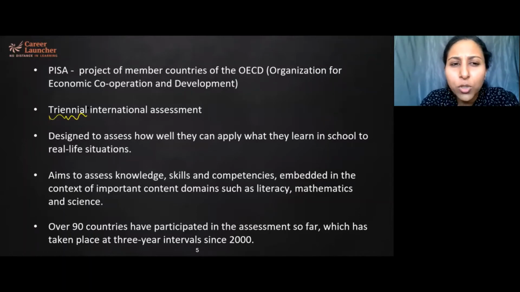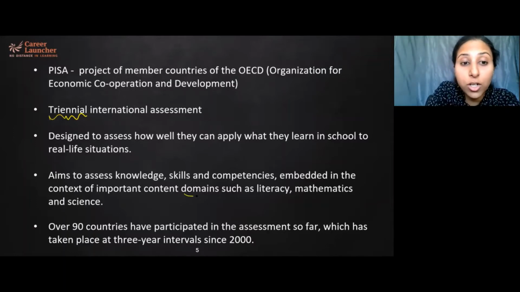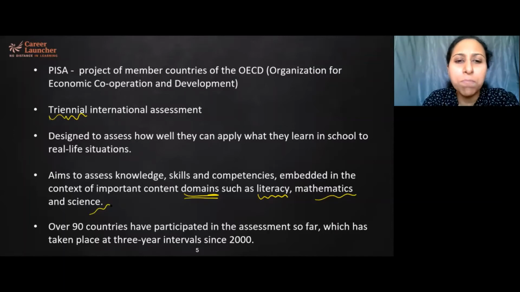It's designed to assess how well you can apply what you've learned in school into real life contexts. It also assesses knowledge in domains such as literacy, which is English, maths, and science. 90 countries have participated in the assessment so far, which, as I mentioned, takes place every 3 years.